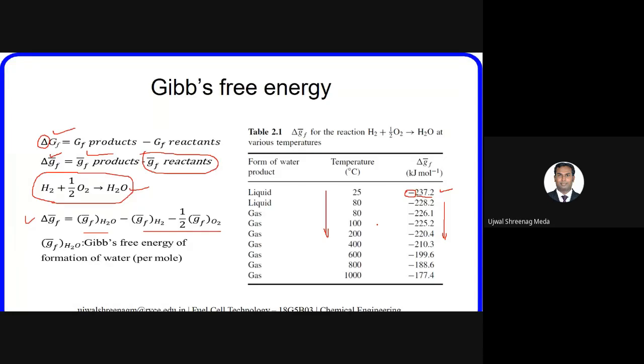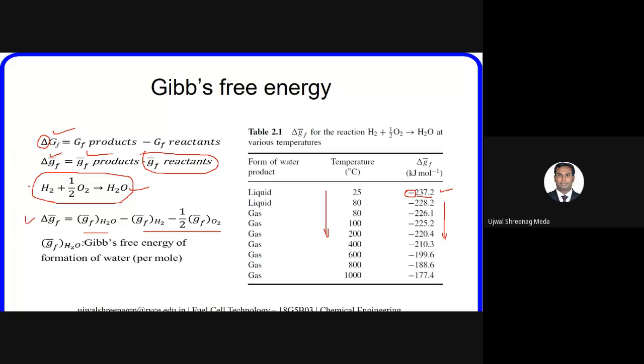Coming to Gibbs free energy, we actually consider the Gibbs free energy of formation, and this Gibbs free energy of formation for the elements is 0. It exists only for the compounds. Looking at the reaction on the screen, this is the overall reaction that takes place in a fuel cell.